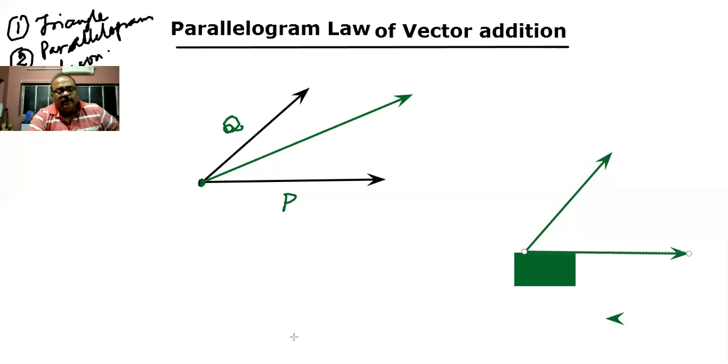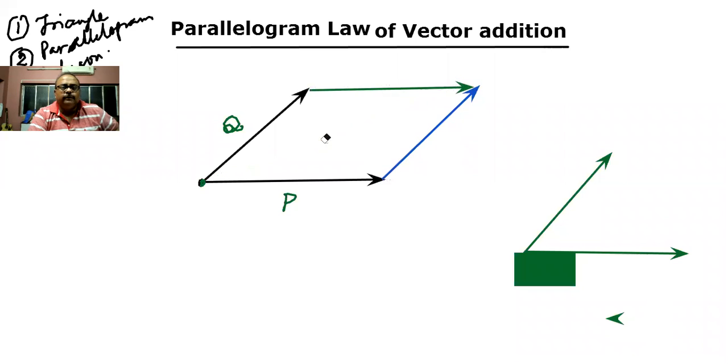So what did I tell you? If the two vectors can be represented by the adjacent sides or arms of a parallelogram like this, and I complete the parallelogram by joining this also, then their resultant will be represented by the diagonal of this particular parallelogram. So this is the parallelogram law of vector addition.